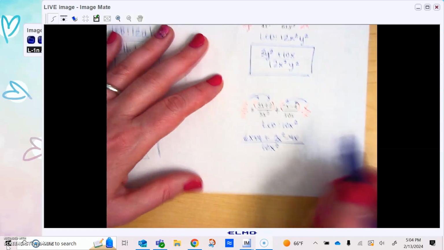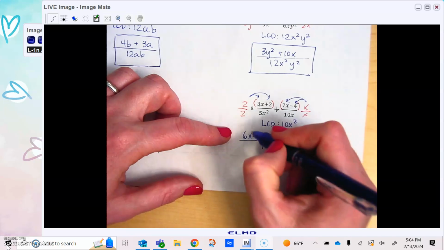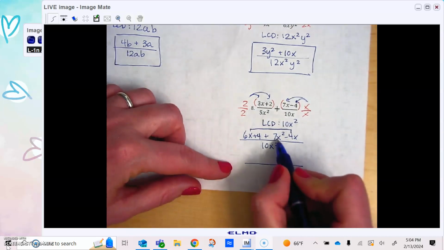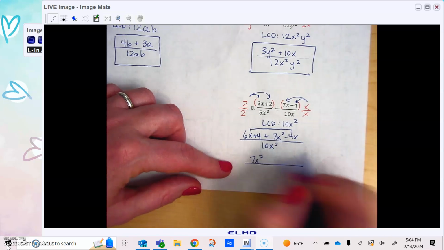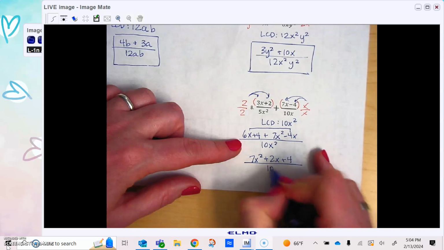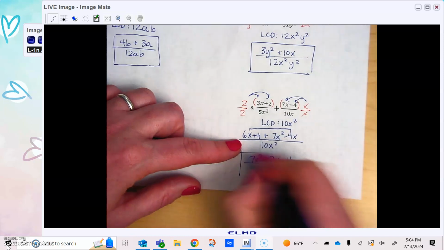And then I want to combine like terms. In the numerator, there's a 6x and a minus 4x, and that's it. I'm going to write 7x squared first. 6x minus 4x is 2x, and then plus 4. And nothing can factor or simplify here either.